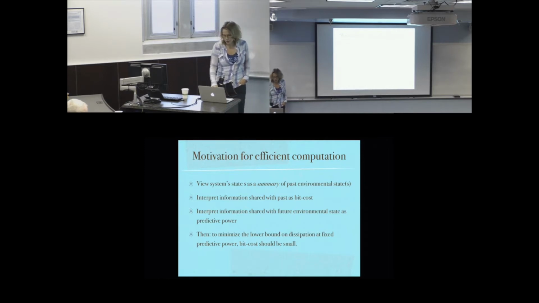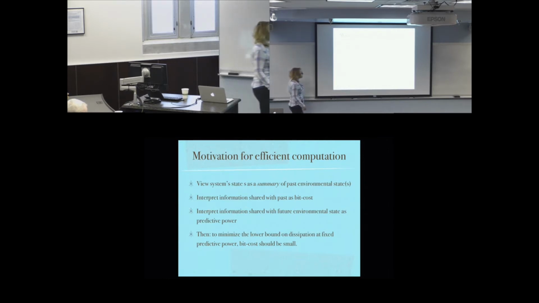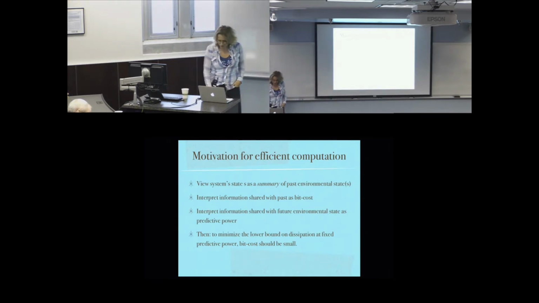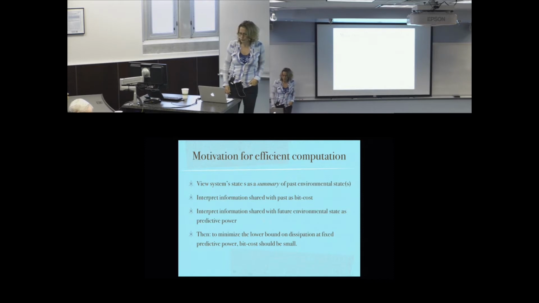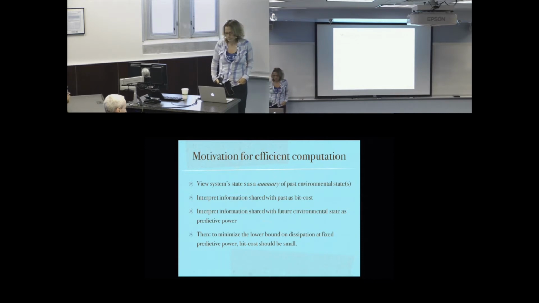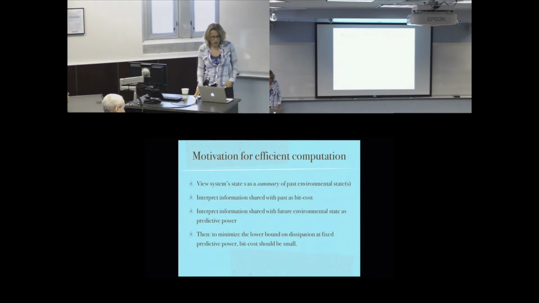And then we can interpret this information that it shares with the past as the bit cost. And we can interpret the information it shares with the future as predictive power. And then we have an optimization problem. We want to minimize the lower bound on dissipation at fixed predictive power. Well, we have to minimize the bit cost.